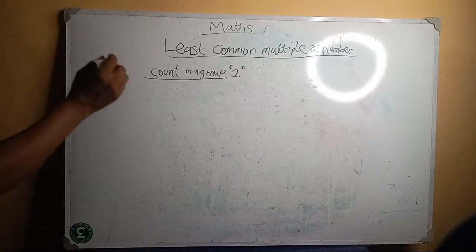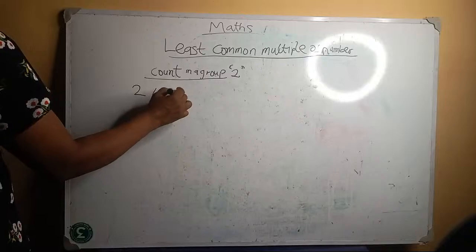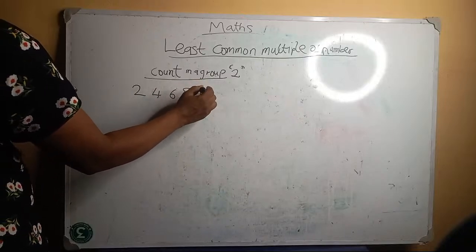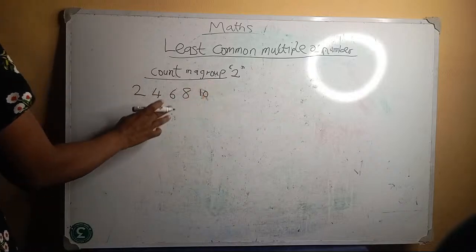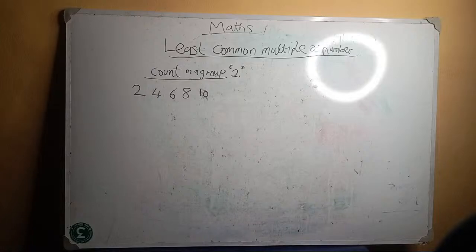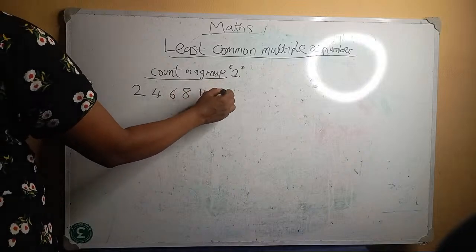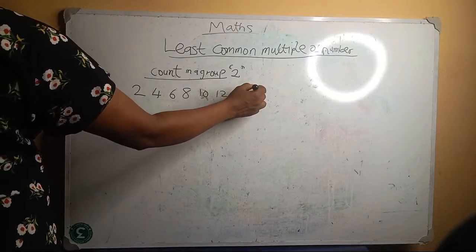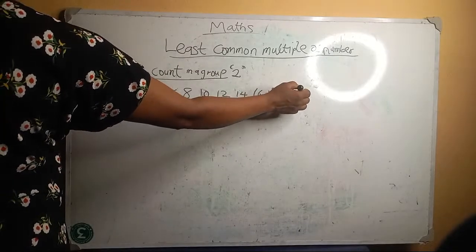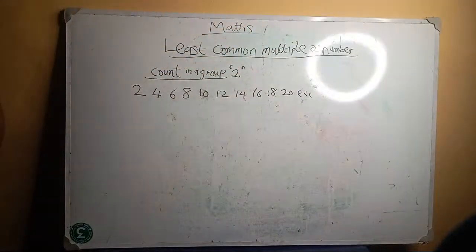Then what you need to do is 2, 4, 6, 8, 10, because I asked you to count in a group of two, the numbers two can divide with no remainder. 2, 4, 6, 8, 10, 12, 14, 16, 18, 20, etc, because you still have till the end of the number.